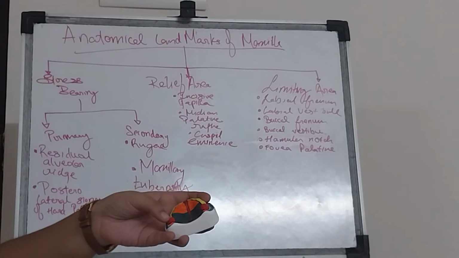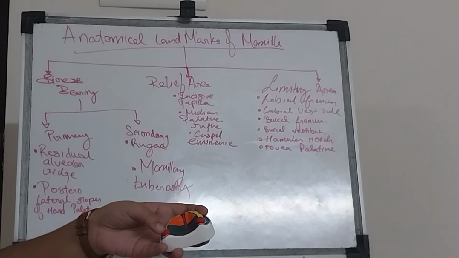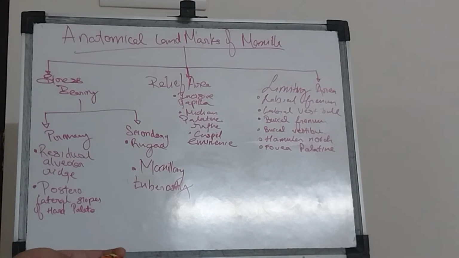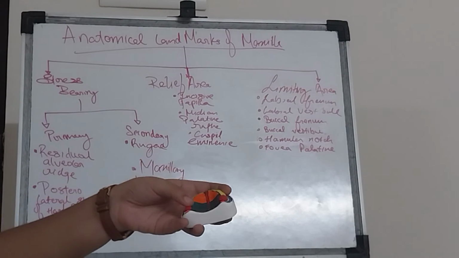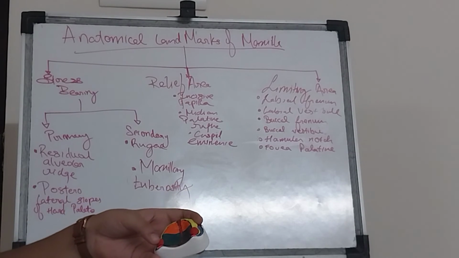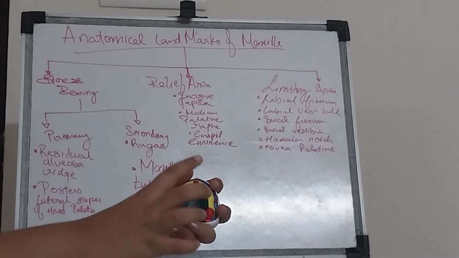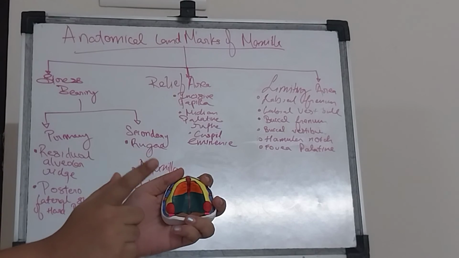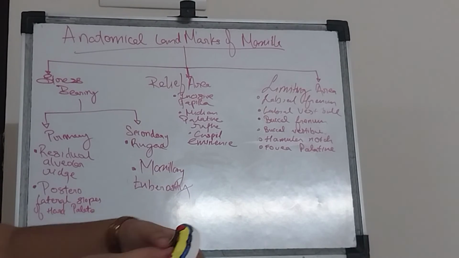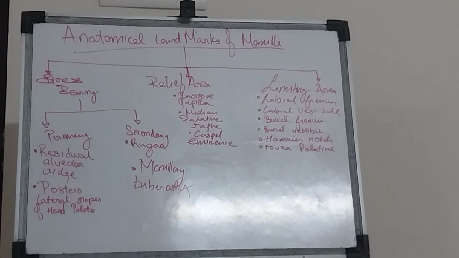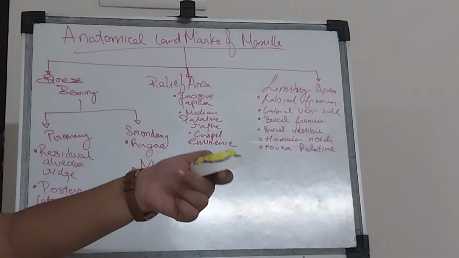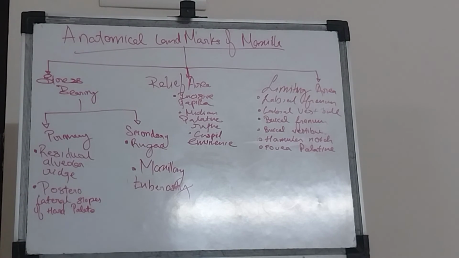Let's see a few nerves, vessels and muscle attachments on these. The labial frenum of the maxilla, this one over here, is passive, while in the mandible it is active. Why is it passive?